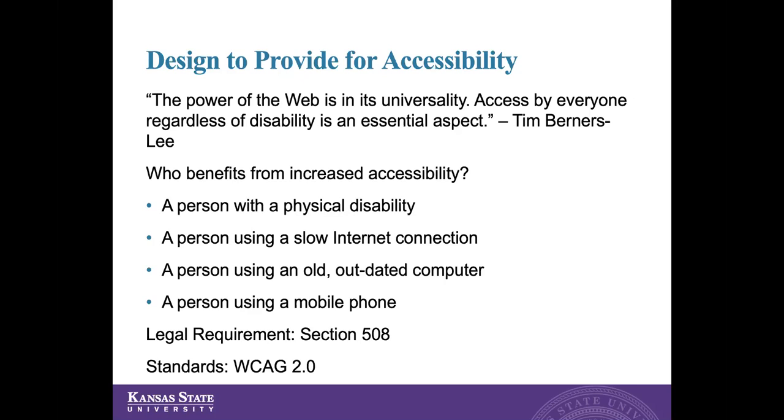We want somebody that has a phone or an older computer to be able to access that information as well as anybody with the latest and greatest technology. So we have to think about that when we're saving images for the web. We want to make those file sizes as low as we can, but still have a sense of quality. It's a balancing act.